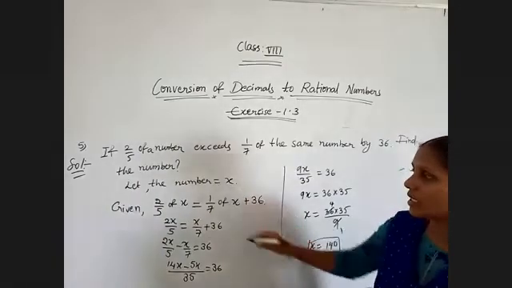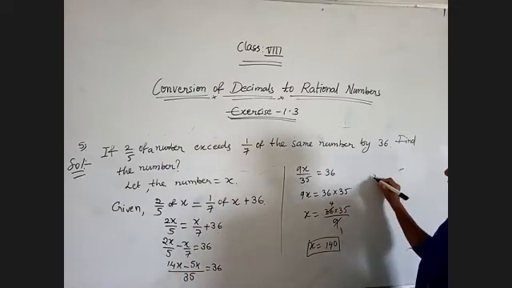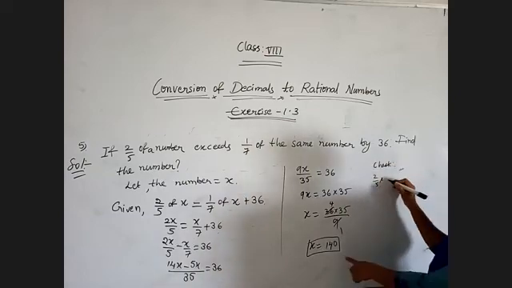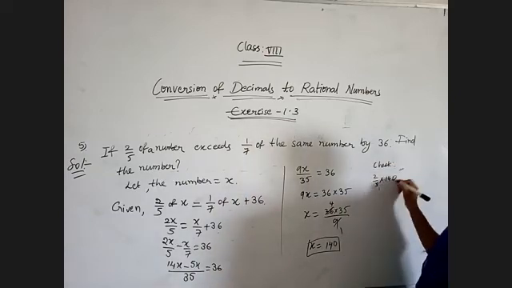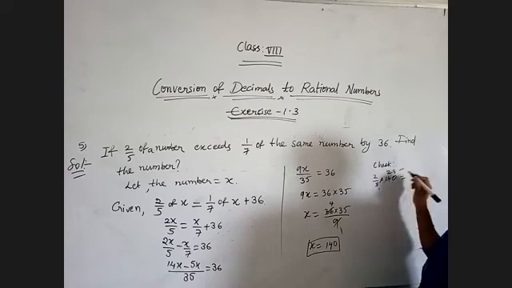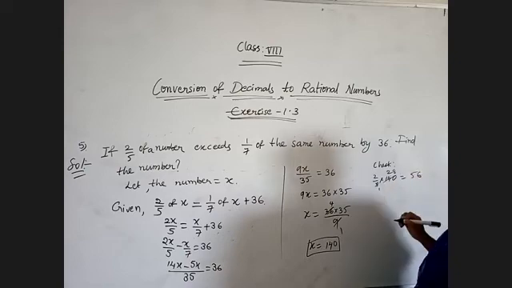So what is that number? Check whether it is correct or not. 2/5 of the number, that is 2 by 5 into x. The x value is equal to 140. 5 1s are 5, 5 2s are 10, 5 8s are 40. 2 8s are 16, 2 2s are 4 plus 1 is 5, so 56.